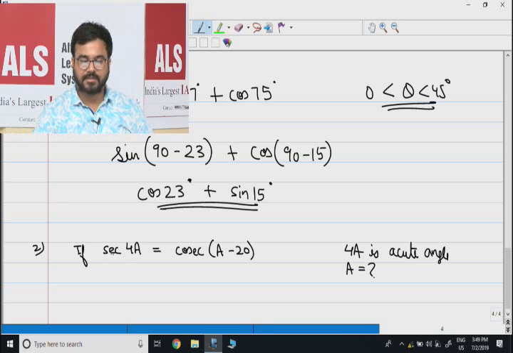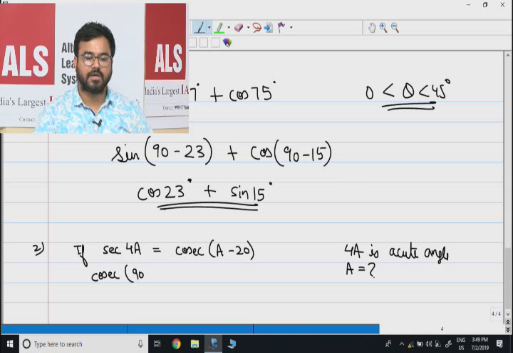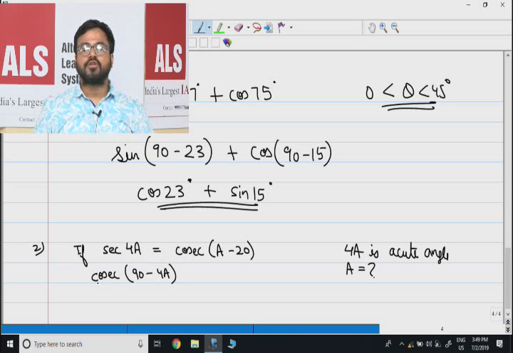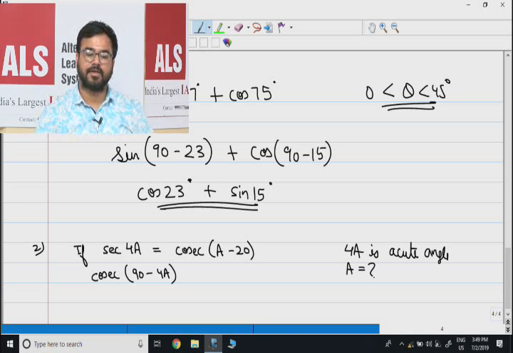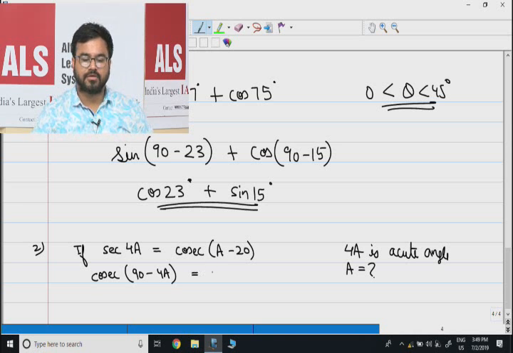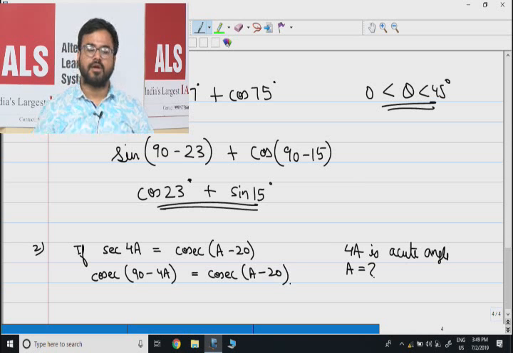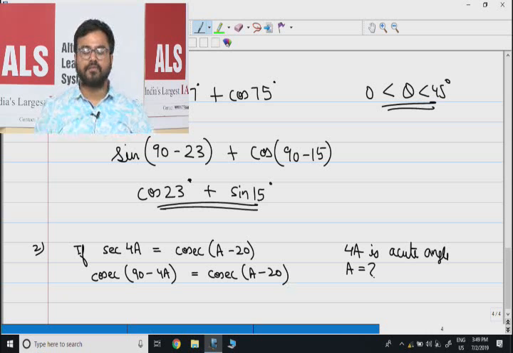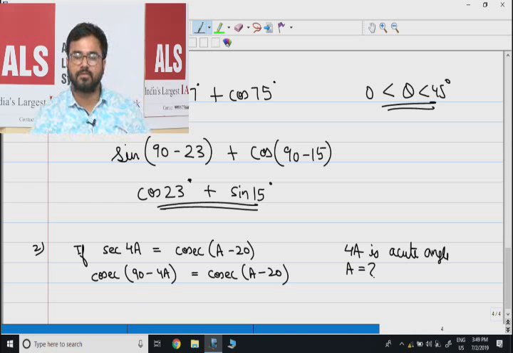So we can write this sec like this: cosec of 90 minus 4a. This angle was 4a, so cosec of 90 minus 4a is equal to sec a, and that is equal to cosec of a minus 20. Now we can see that on both the sides we have cosec, so we can equate the angles on both sides.